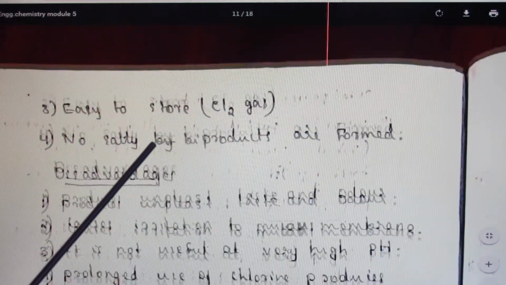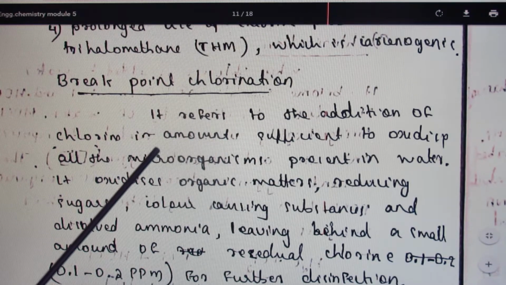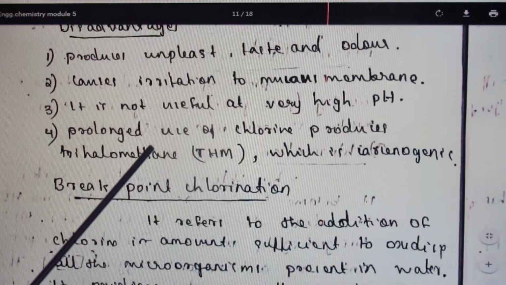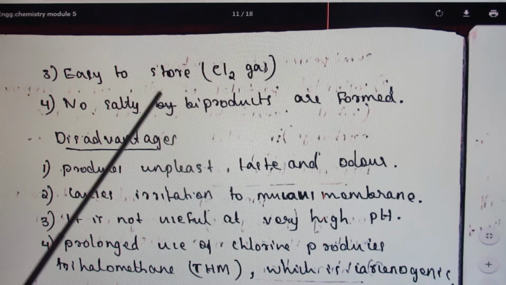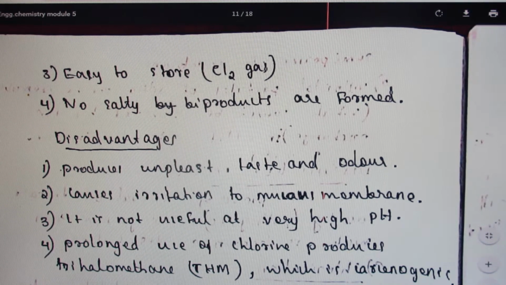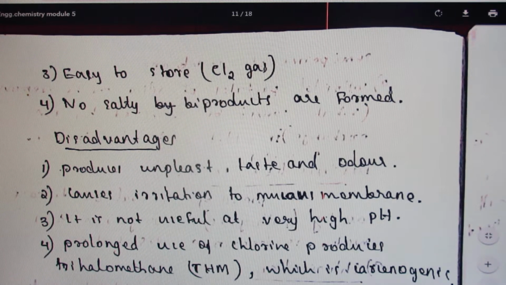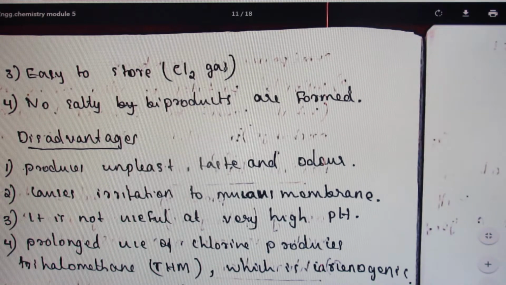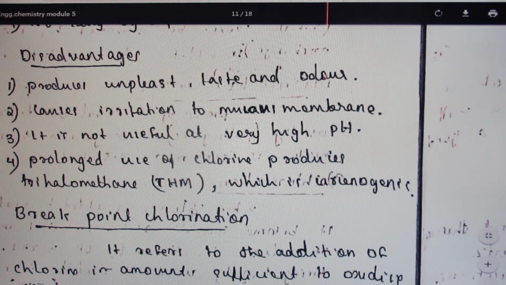Then, it is easy to store the chlorine gas. Storage is very easy. Then, no salty byproducts are obtained because HCl and HOCl are there. It is capable of deactivating the enzymes.